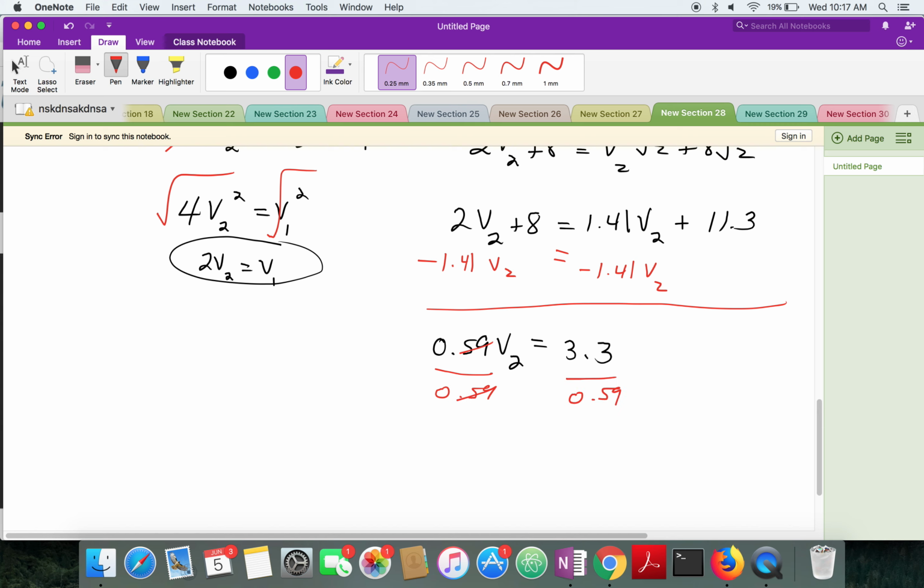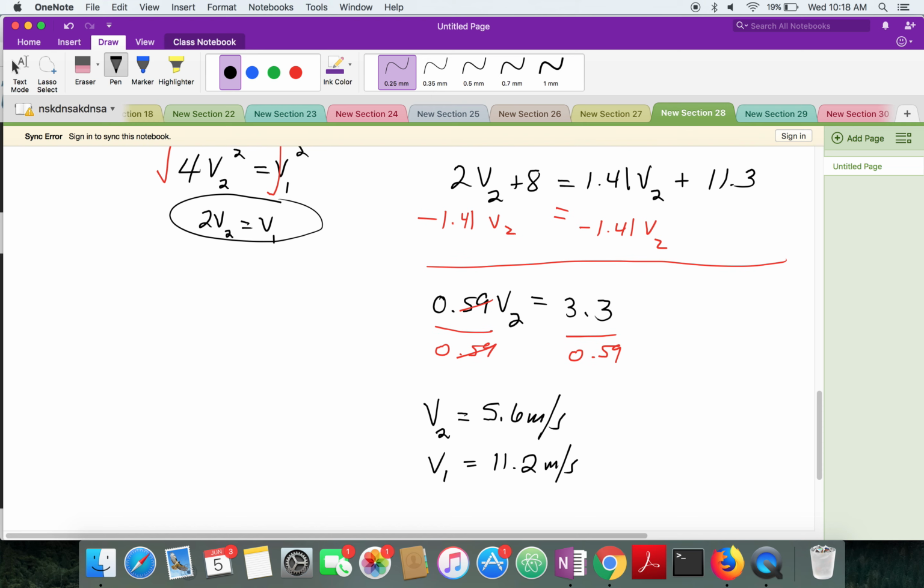So I get 3.3 divided by 0.59, and that gives me a grand total of about 5.6, so v2. And the initial v2 is 5.6 meters per second. And v1 is twice that, so v1 is going to be 11.2 meters per second. Okay, so those are the initial velocities.